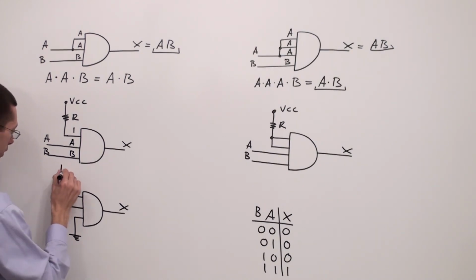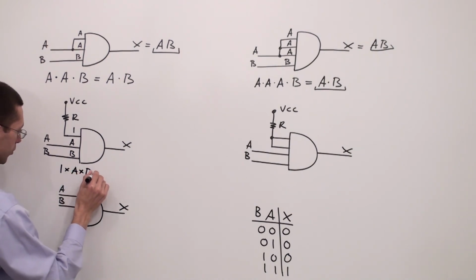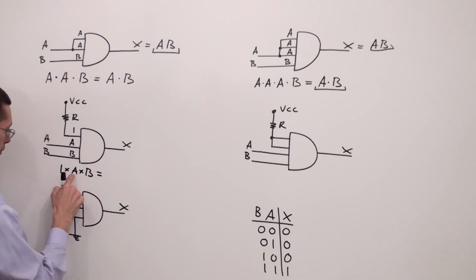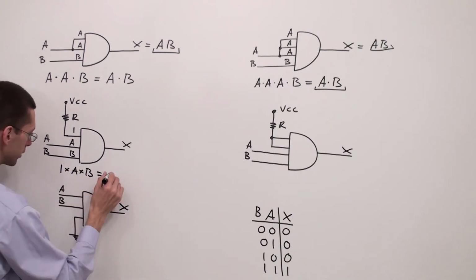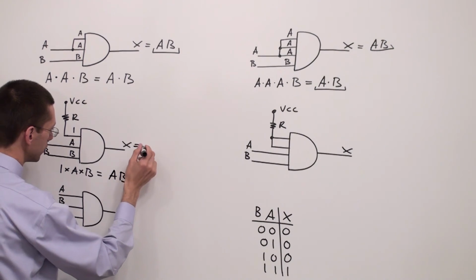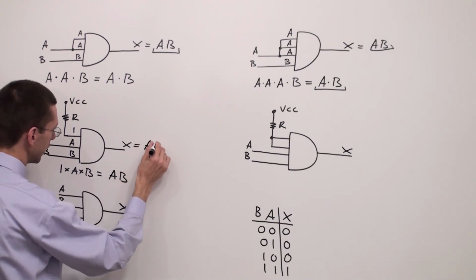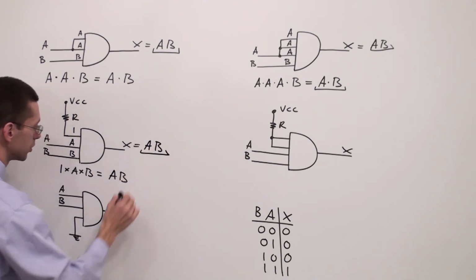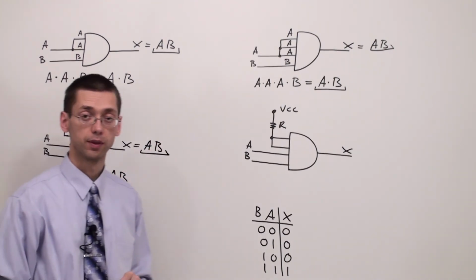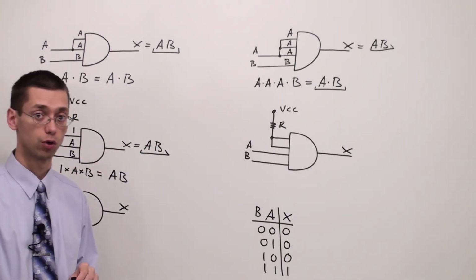So I have 1 times A times B. 1 times A times B is nothing else, just AB. So my output is going to have logic expression AB. And this is nothing else, just a 2-input AND gate. So this connection is also correct.